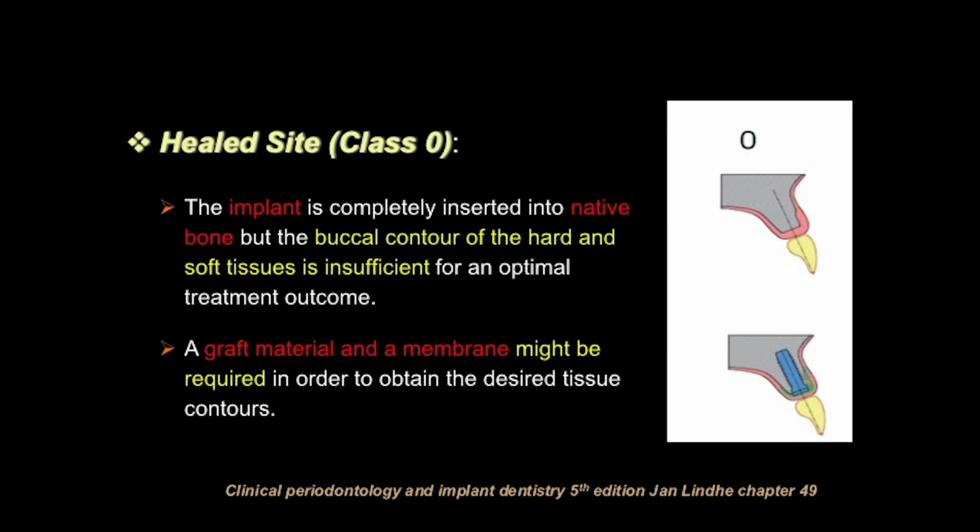Class 0 is a healed site where you put the implant with complete bone formation in native bone. You don't augment, you only put the implant right away. In this group, the tooth was extracted a long time ago, but the ridge is maintaining the size of the bone. The graft material and a membrane might be used in this case just for augmentation, to build up the ridge, or for aesthetic reasons.